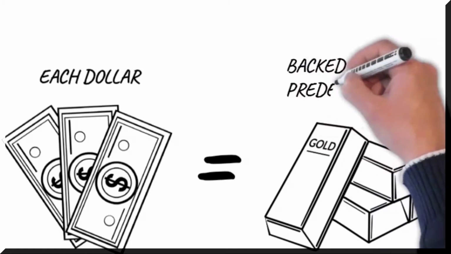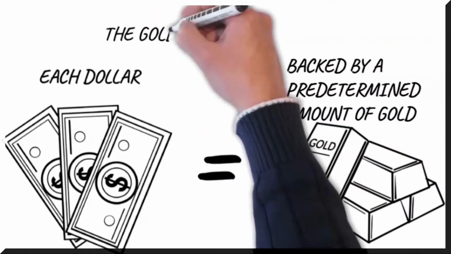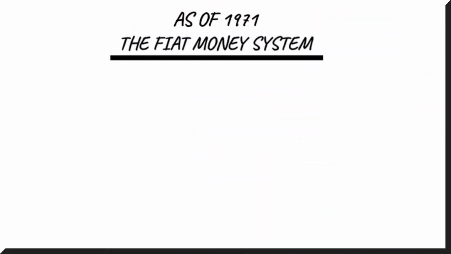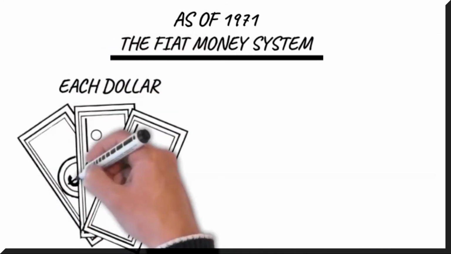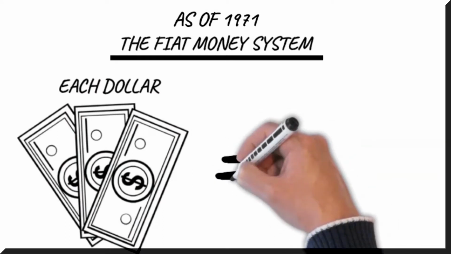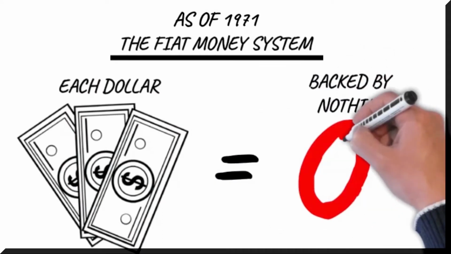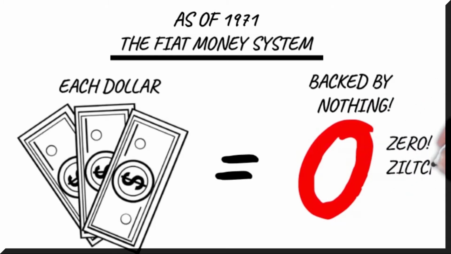This system was called the gold standard, and it was much easier to carry paper than gold. This system implied that the government held enough gold in reserve to back up each dollar in circulation. That lasted until 1971, when the United States suspended the gold standard and adopted a fiat money system. This system does not tie its currency to gold or any other commodity.